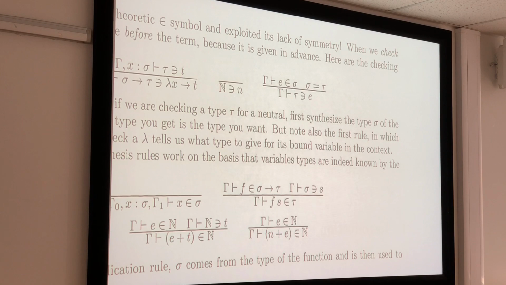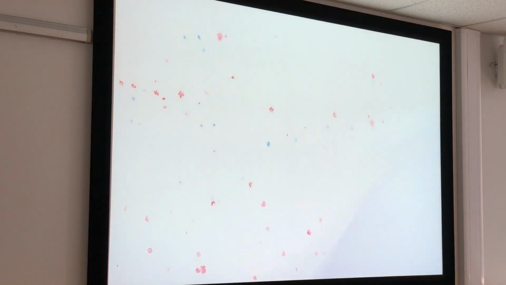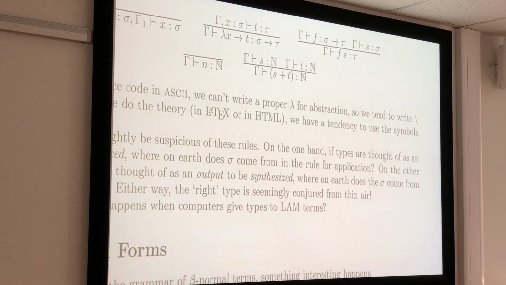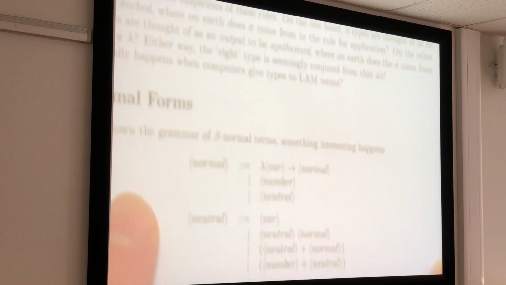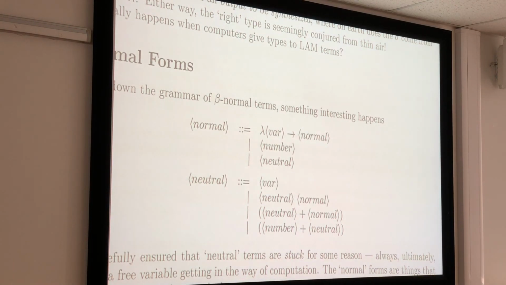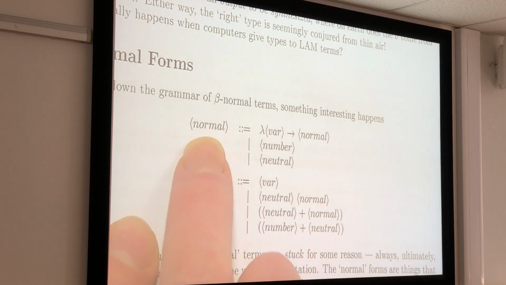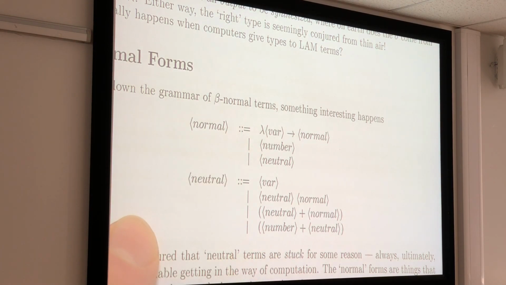So you just say, when we figure the type out, is it the type we wanted? The grammar is very careful not to go the other way around. You can see here, neutrals are embedded in normals, but not the other way around.